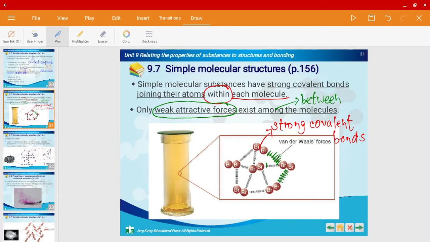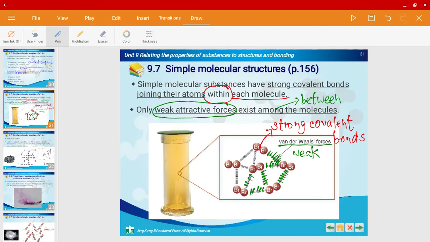I'm just going to color a few so you understand what I'm saying. Between bromine molecules, or among bromine molecules, there is a weak attractive force called van der Waals forces. And this is weak, unlike the strong covalent bonds.